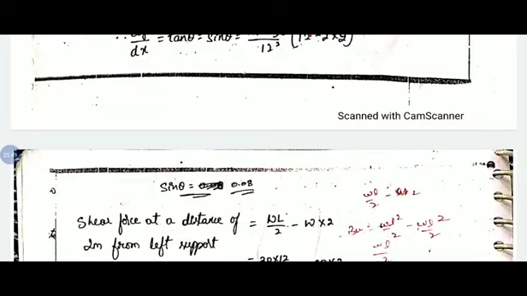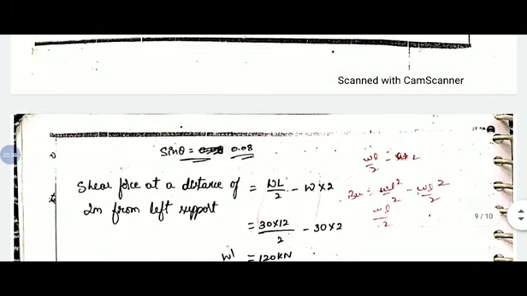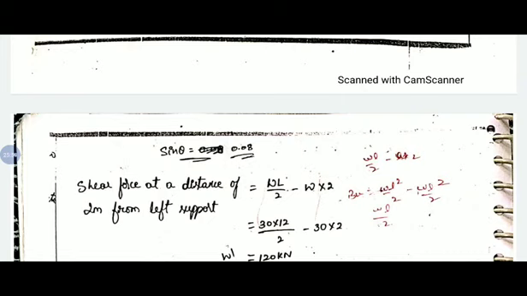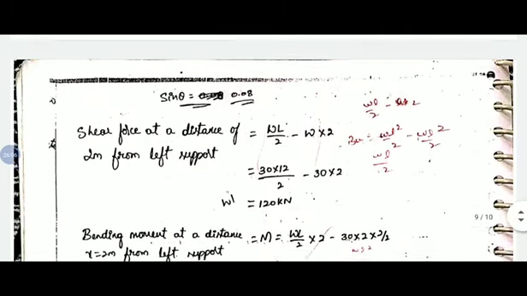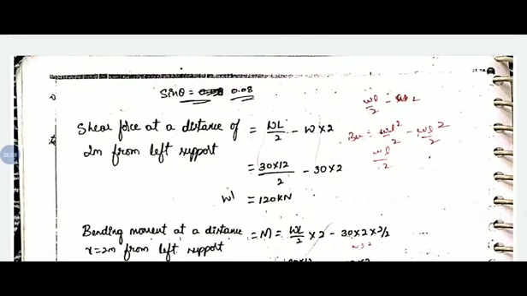Then shear force at a distance of 2 meter from the left support is WL by 2 minus W into 2. So this is 120 kilonewton, with respect to dead load and live load.